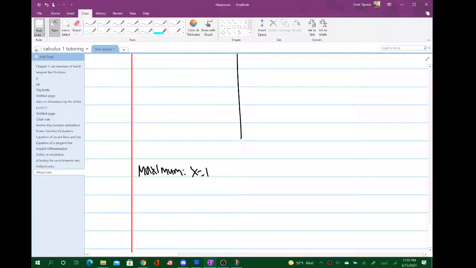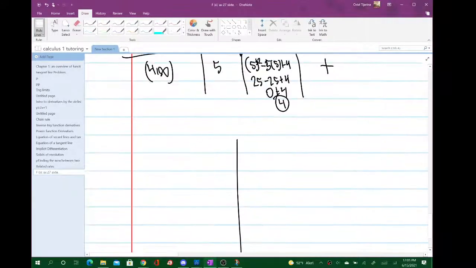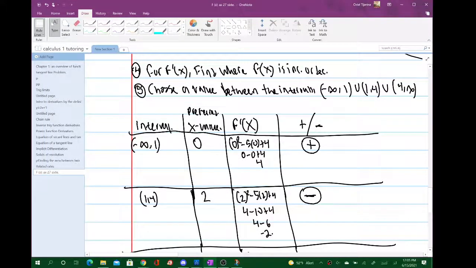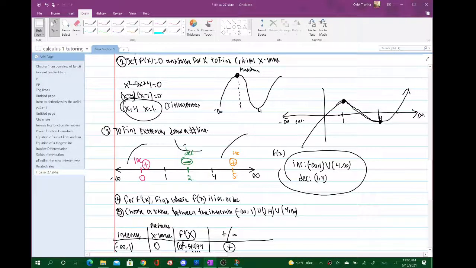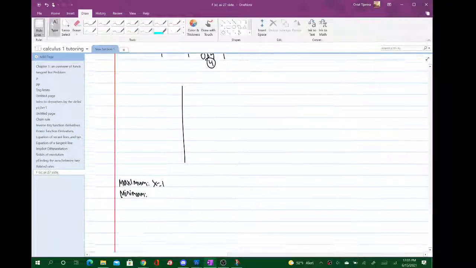The minimum, let's see here, give me 1 second, guys, I'm trying to make sure. The minimum would be at x equals 4.